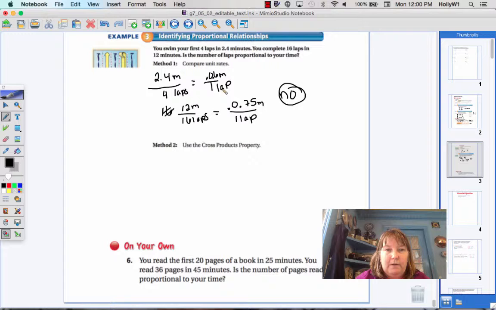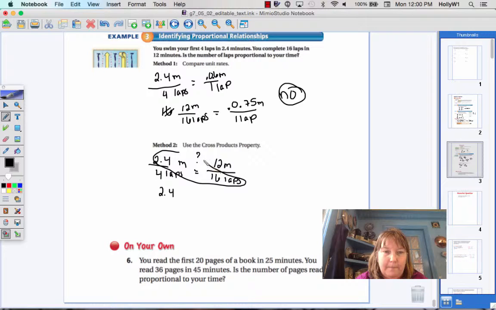So let's try that down here. We already know that this isn't proportional, but we'll try it anyway. So 2.4 minutes over 4 laps is equal to 12 minutes over 16 laps. So we're going to multiply 2.4, this little butterfly thing.